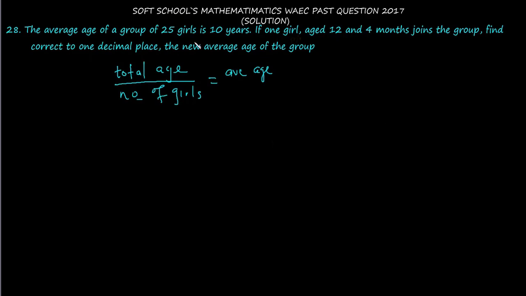We know the number of girls and their average age, but we don't know their total age. So we cross multiply. The total age is the average age, 10, times the number of girls, 25.